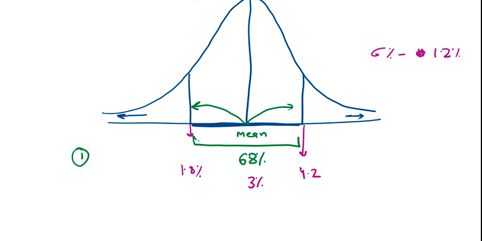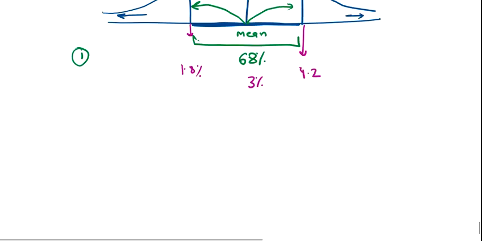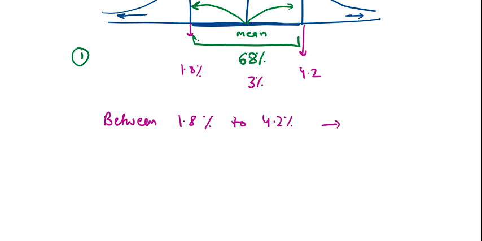So between 1.8% to 4.2%, you will find 68% of the data.